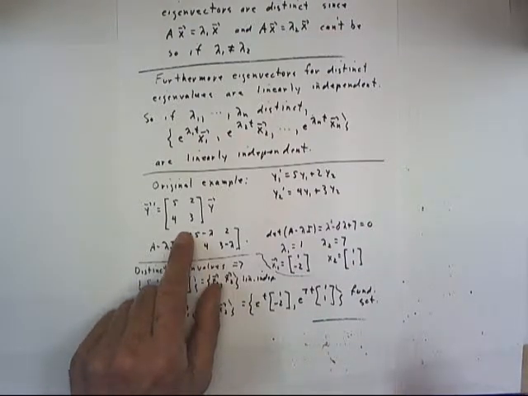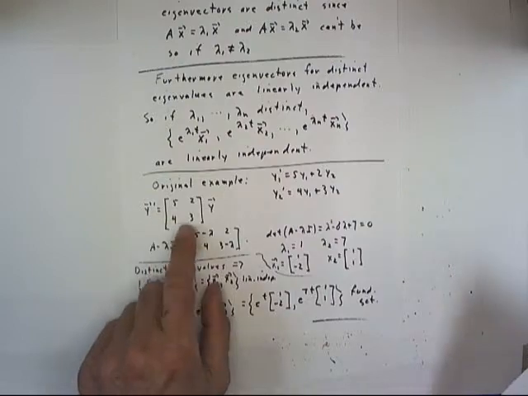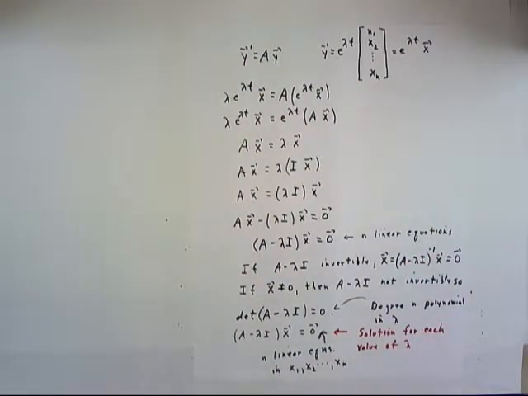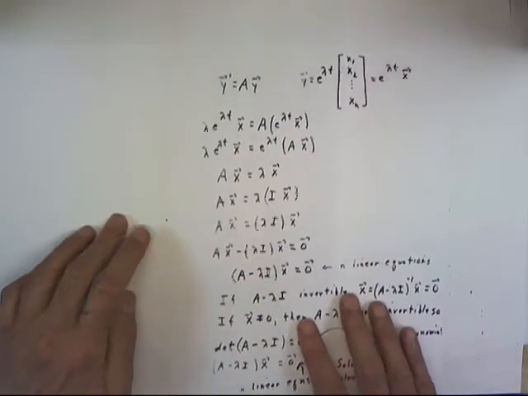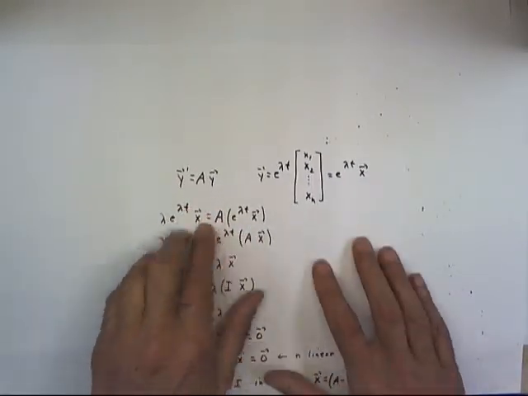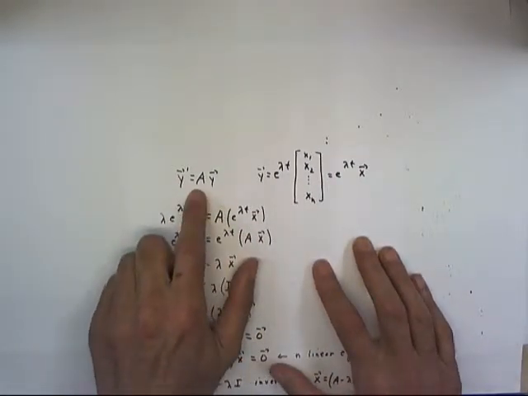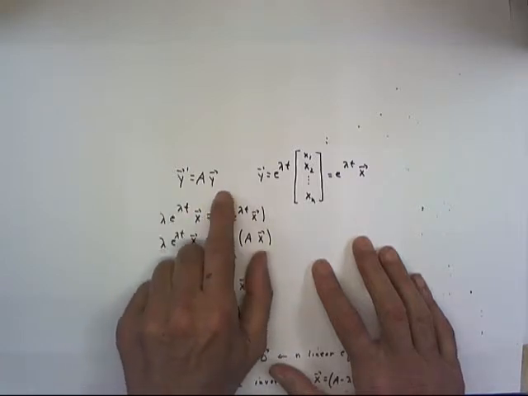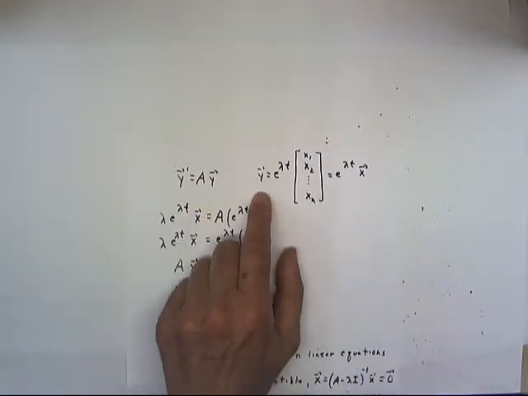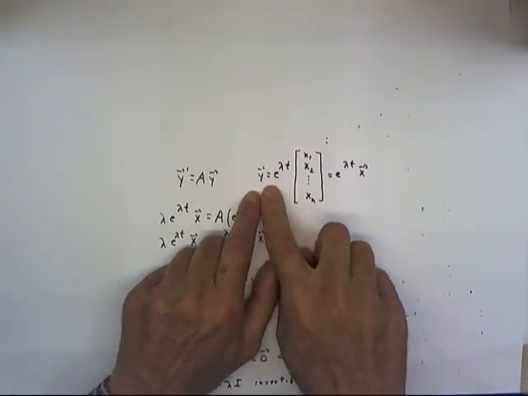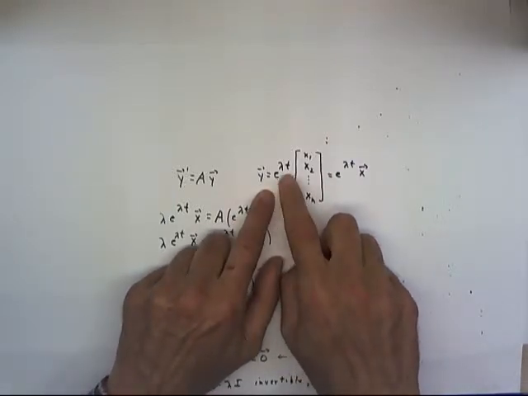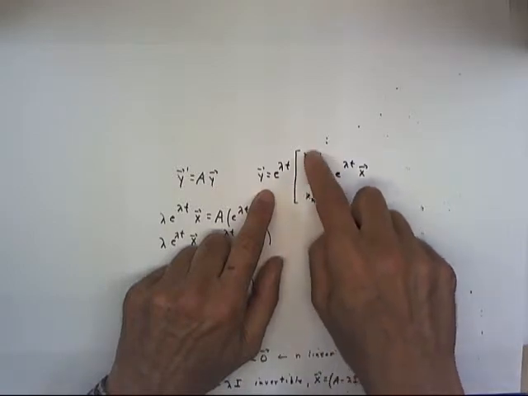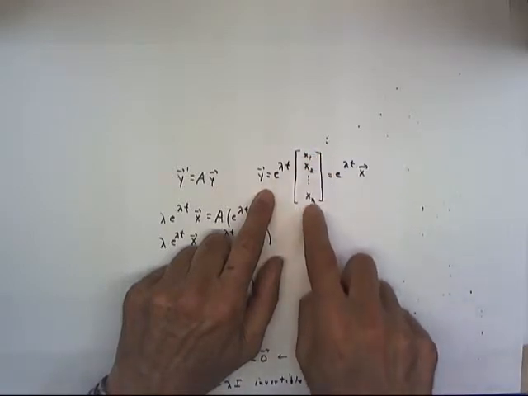This matrix equation, y prime equals some matrix times y, can be generalized. So the general form of the equation will be y prime equals Ay, where y is a vector. In this case, we assume that y is some multiple e to the lambda t times a column vector.